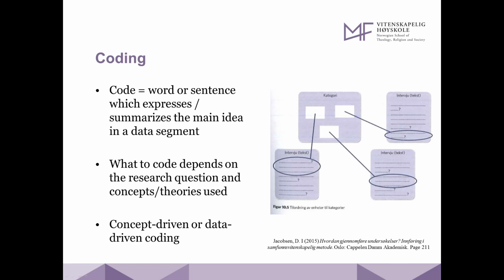So the idea is, as visualized here in the figure on the right, that for each of your data sources, whether these are interviews or text or field notes, you might apply the same code to different parts of your data in order to see the similarities between these different data sources. Coding is also sometimes referred to as developing categories.